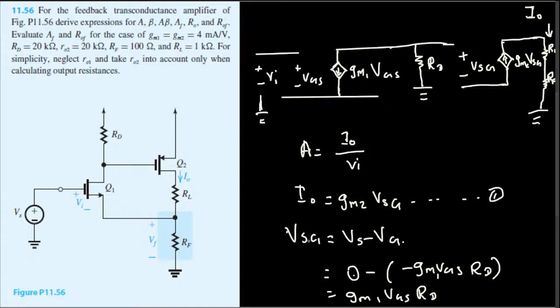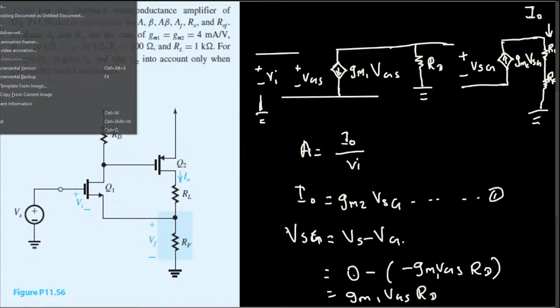Now we have the expression for VSG, and if we rewrite the I naught equation, I naught is GM2 times VSG, and for VSG now we have this expression. So we have to multiply GM2 with this expression. Let's do it on the next page.